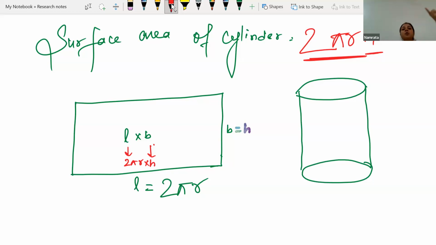First thing first, we have discussed that. You should memorize this formula. The surface area of the cube's formula is 6a square. A is the side, and how we got 6a square, you already know. You just need to memorize the formula. Surface area of the cylinder's formula is 2 pi r h.